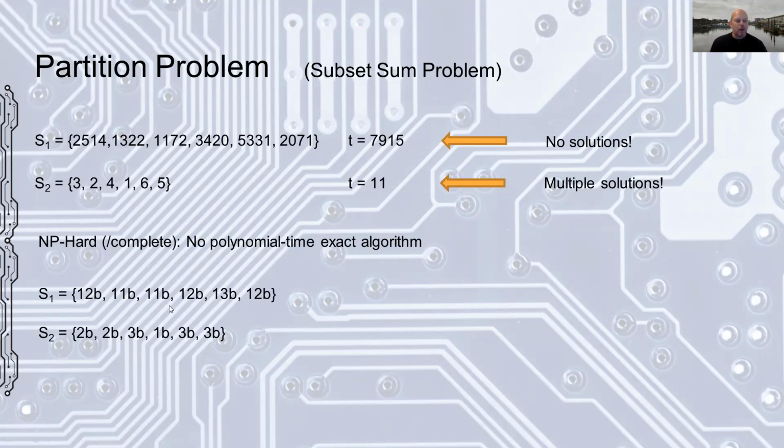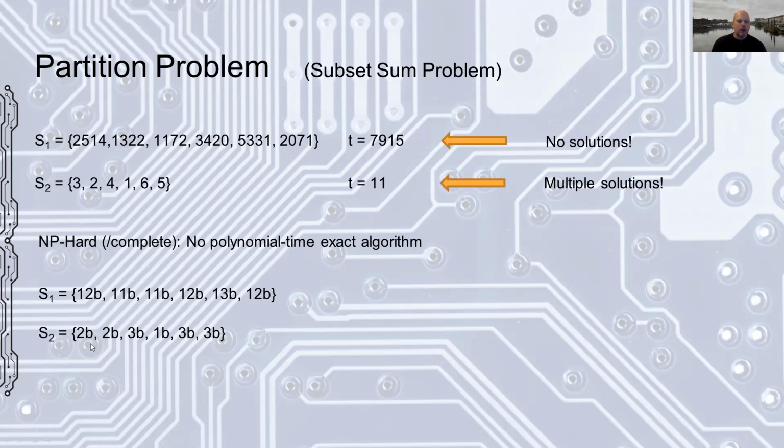In the top set, we see that the first integer is a 12-bit number. The second one is an 11-bit number, again 12 bits, 13 bits, and 12 bits. So relatively large numbers. In the bottom set, set 2, the numbers are relatively small.